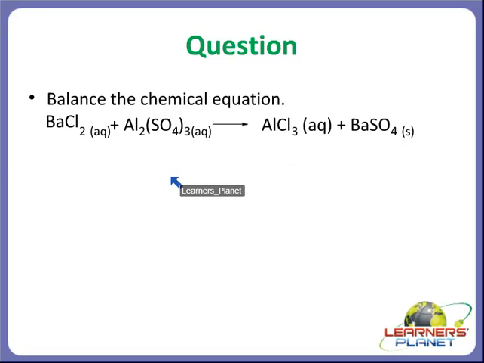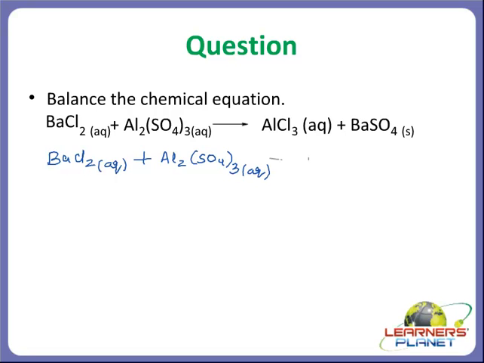Now let's start balancing it. From where are we going to start? Just check out for sulfate this side. It is 3 here on the LHS side. How many sulfate are there on the RHS, children? It is only 1. So what we can do first is, I can write this equation as BaCl2 aqueous plus Al2(SO4) whole thrice aqueous, and it is giving me what, children?